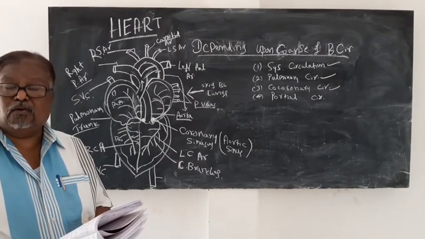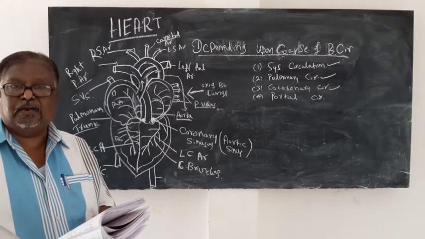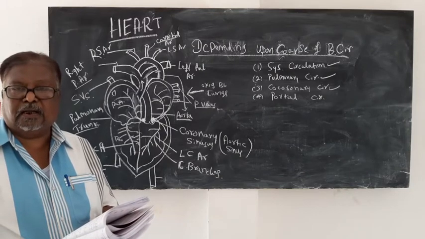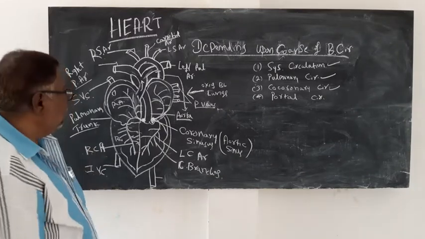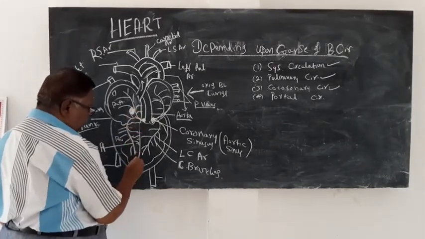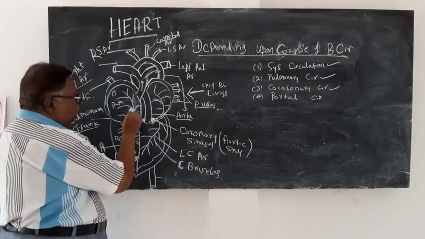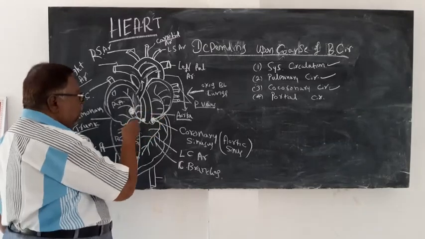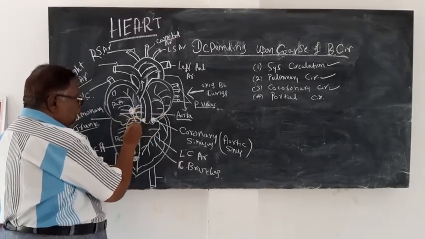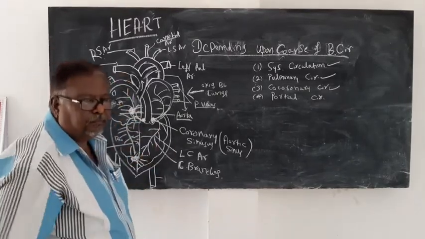For that purpose, the heart has its own arrangement, that is the sinus nodes, sino-auricular node and sino-ventricular node. Here the nodes are there. Sino-auricular node is a cluster of cells and gives the messages to the auricle and ventricles for contraction.